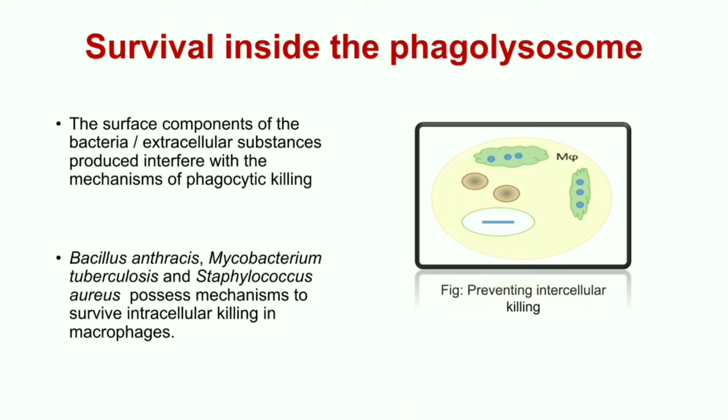Bacillus anthracis, Mycobacterium tuberculosis, Staphylococcus aureus possess mechanisms to survive intracellular killing in the macrophages.